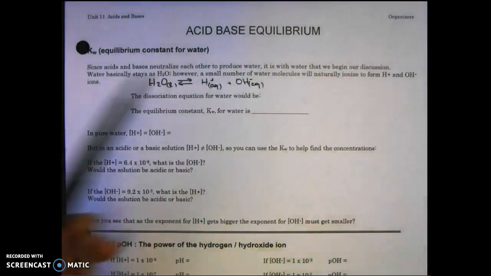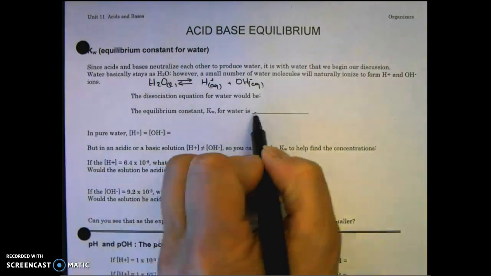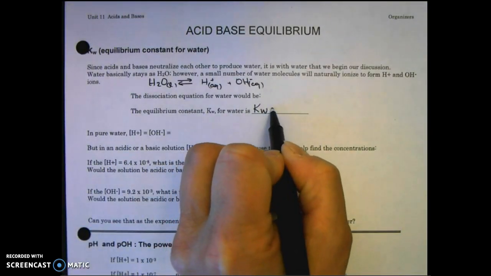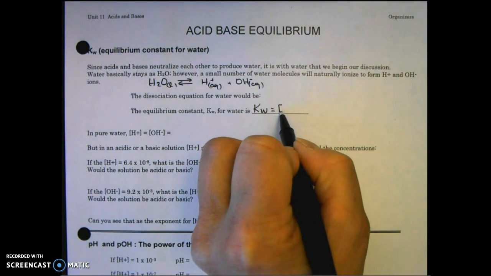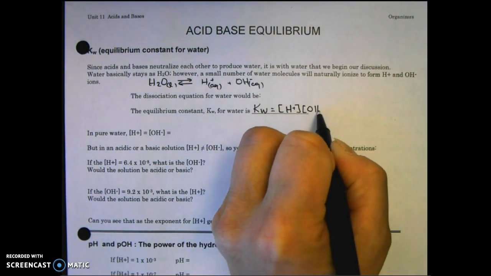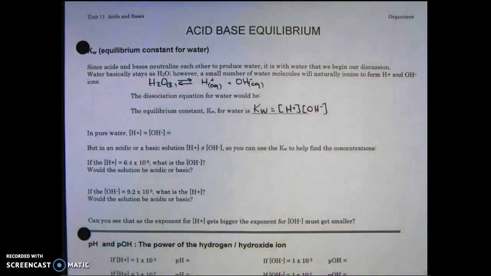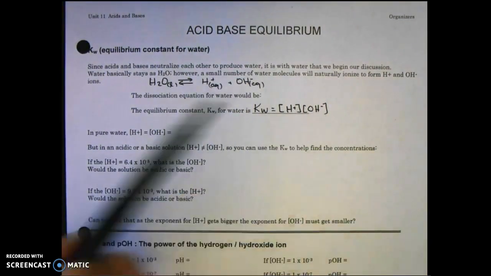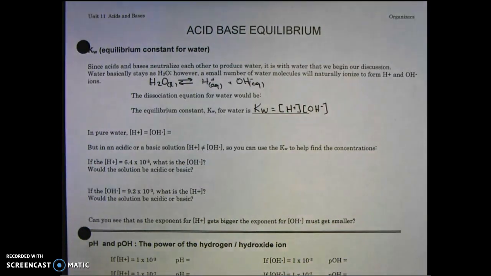H2O is a liquid, these guys are aqueous, so the constant, which we call Kw, is going to be equal to just the product of the products. The reactant is a liquid, so it's not included. So Kw is equal to H plus times OH minus.